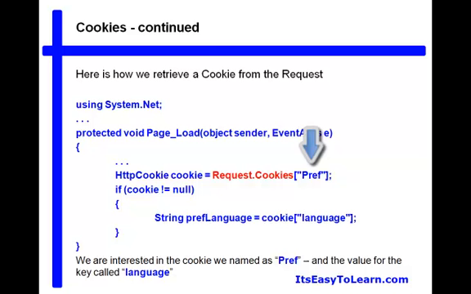Once we have the cookie object, we can again use the array notation to specify the key we want to retrieve. For example, if we want to retrieve the value of the key called language from the cookie, we say cookie of language. This value, which is Spanish by the way, is stored in the string pref language.